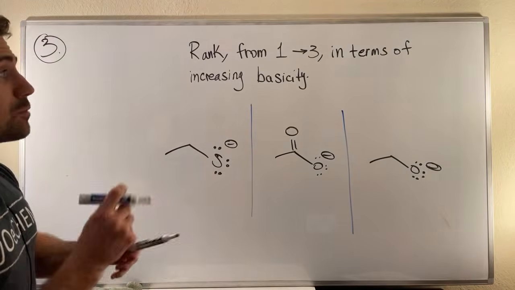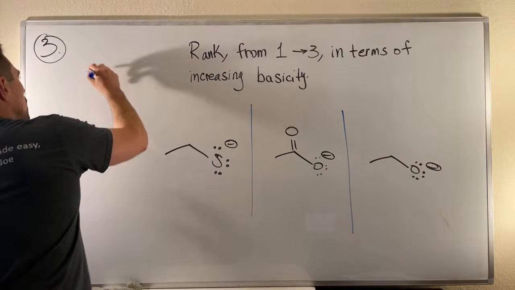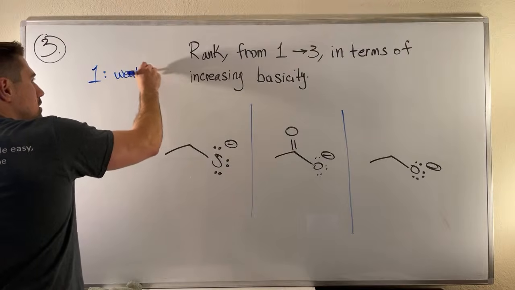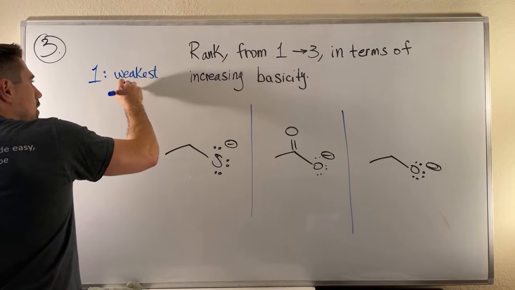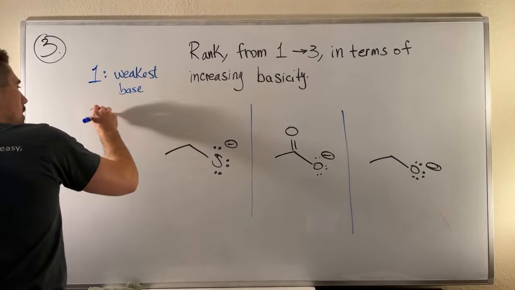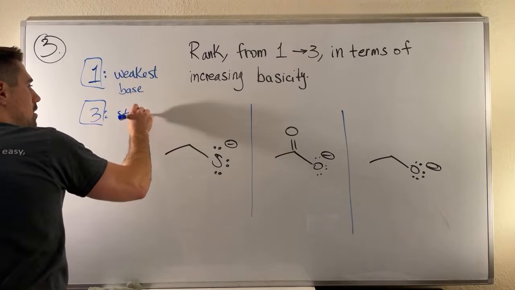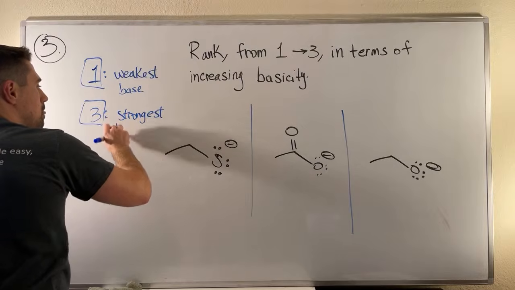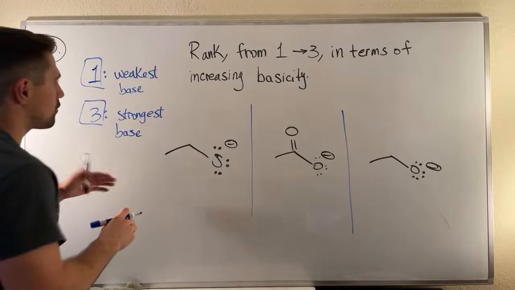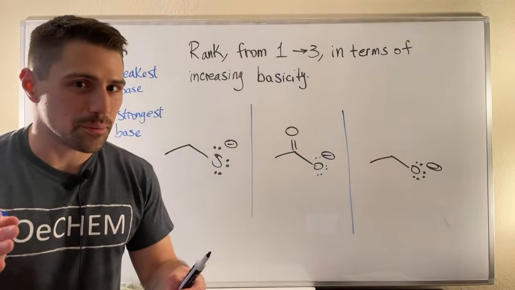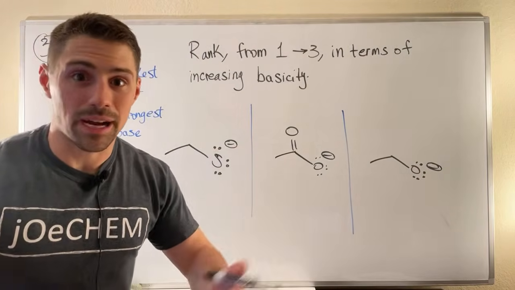The first thing we can at least do is say the thing we'll assign number 1 to is going to be our weakest base. 3, I'm just going to put these in boxes, 3 will be our strongest base. Now, we've dissected that in terms of the ranking system, but it might also be helpful to remember what a base is.